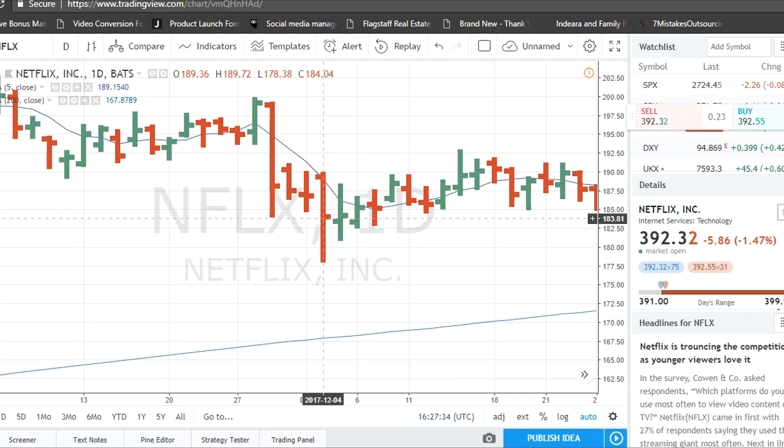Okay, so it is 184.08 about. We get in, and this doesn't quite close above the 5-day, but 1, 2, 3, on the fourth day, pop. 188.60.